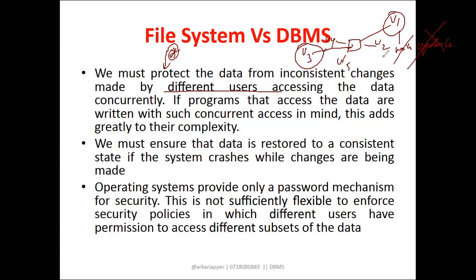At the same time, only one can update; the rest can only read or view the data. The programs which access the data are written with concurrent access in mind. This adds greatly to their complexity.